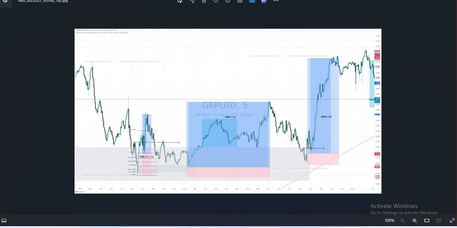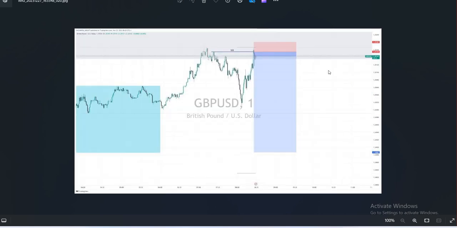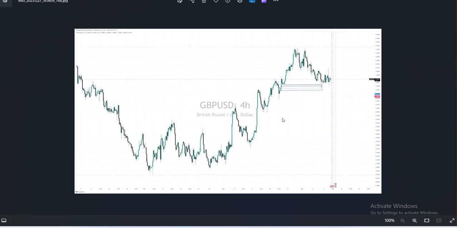Let's see. Okay, here, look at this place very well. There's an imbalance here. Price came for this low, came to this order block, mitigated it and rallied. You see how this thing keeps playing out, guys. This high, it came for this equal high, price target and rallied. Okay, so on and so forth.